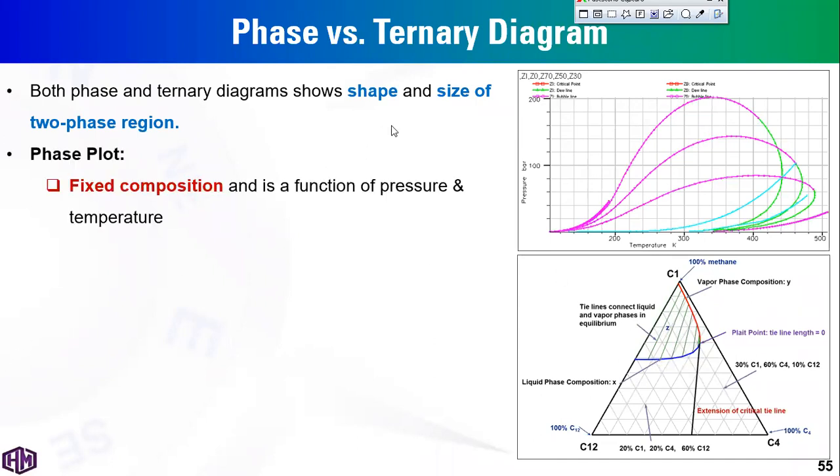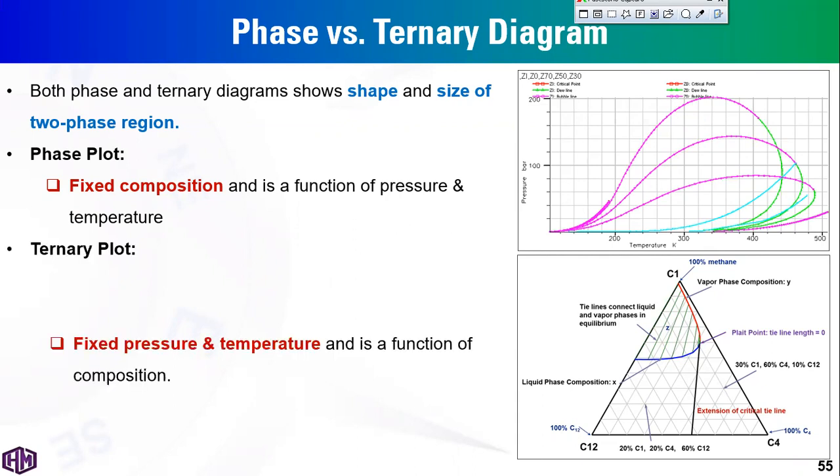So the phase diagram is a pressure temperature curve, which means pressure temperature relationship. In that case, the composition will be constant as a function of pressure and temperature, while in the ternary diagram, the pressure and temperature will be constant, but we will change the composition.